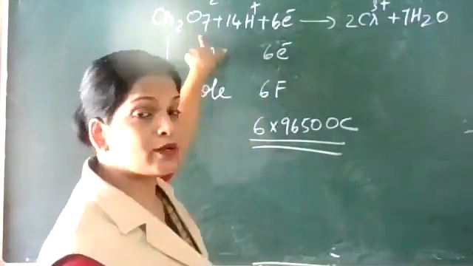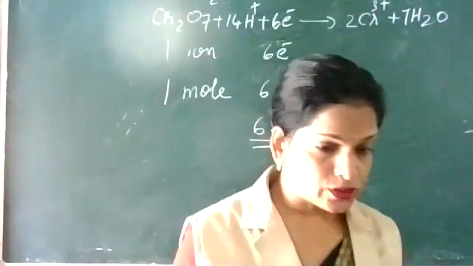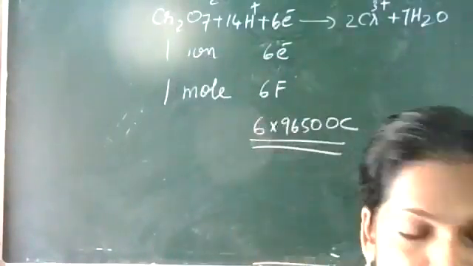Okay, so 6 farad means 6 into 96,500 coulombs.